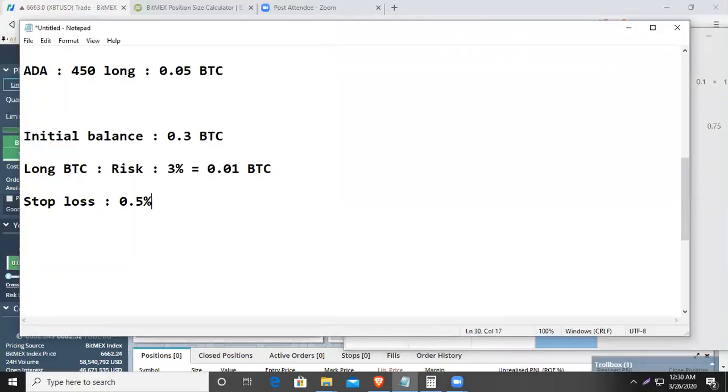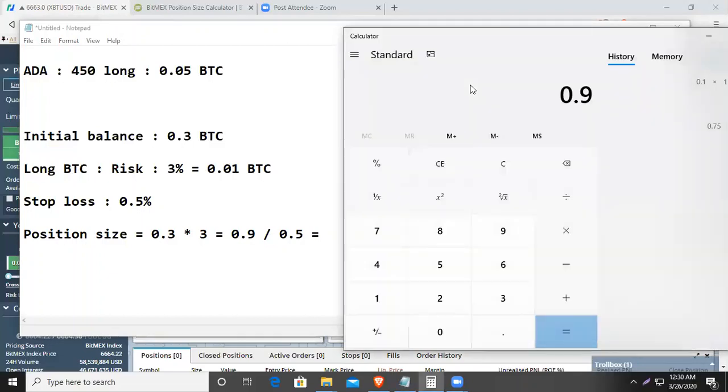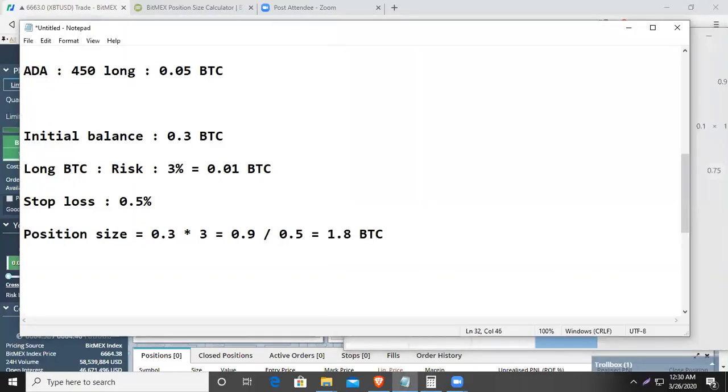So my position size is 0.3 BTC times 3, that equals 0.9, divided by 0.5, that equals 1.8 BTC. So 1.8 Bitcoin is my position size for this trade. My stop loss is 0.5%, my risk is 3%, and my position size comes to 1.8 Bitcoin.